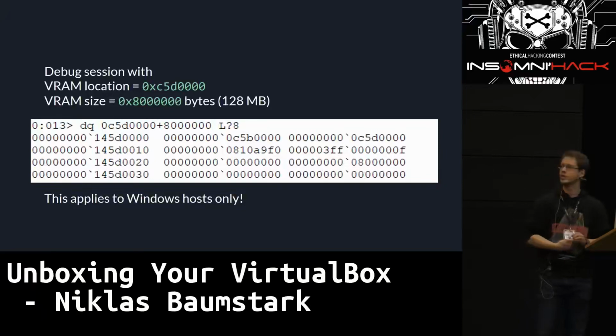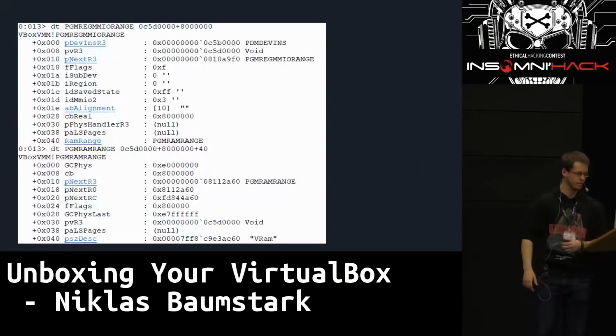So this is a memory dump of what's directly after the video RAM. I'm dumping memory here. The video RAM is mapped at C5D0000, and then I'm dumping what's after it. You can see there's actually a pointer to the video RAM directly after it, and the size is also somewhere in that region. So that looked pretty good already. Then I tried to find out what data structure that is.